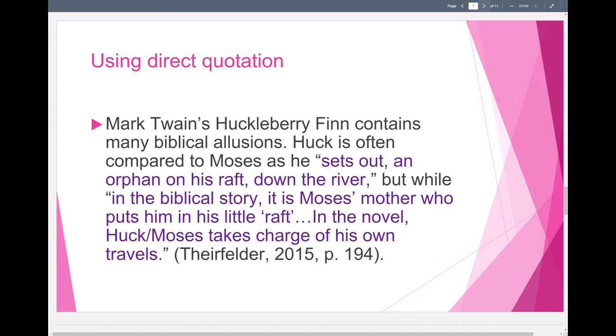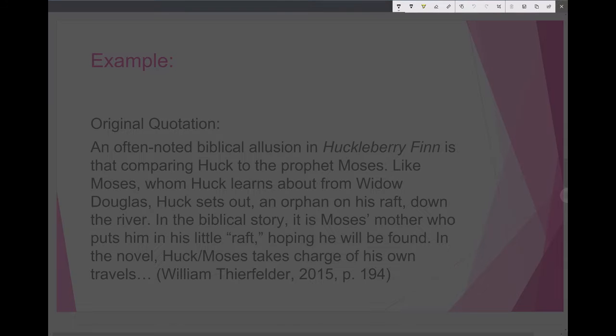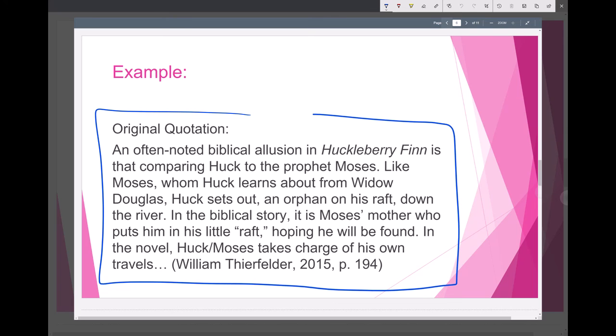But first, we use a direct quotation. Here, we have the original quote. We're going to use this whole thing. So we are quoting from this, or paraphrasing, as we'll try later, from this passage.